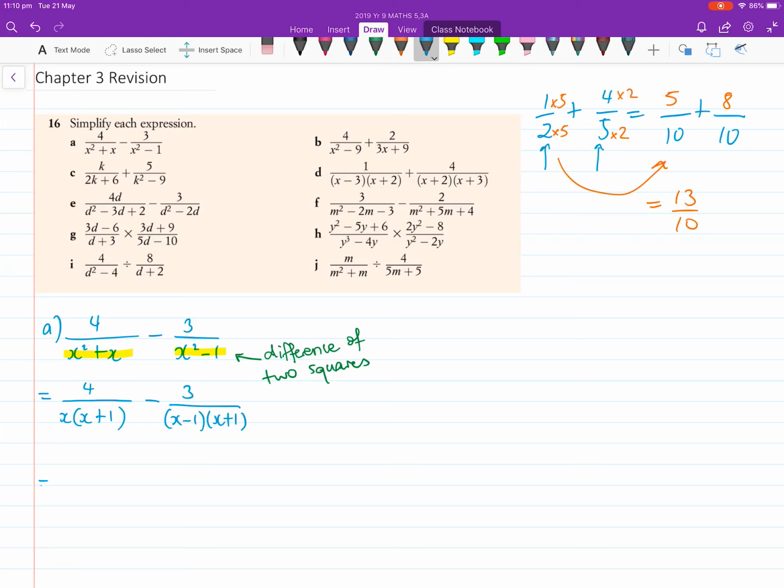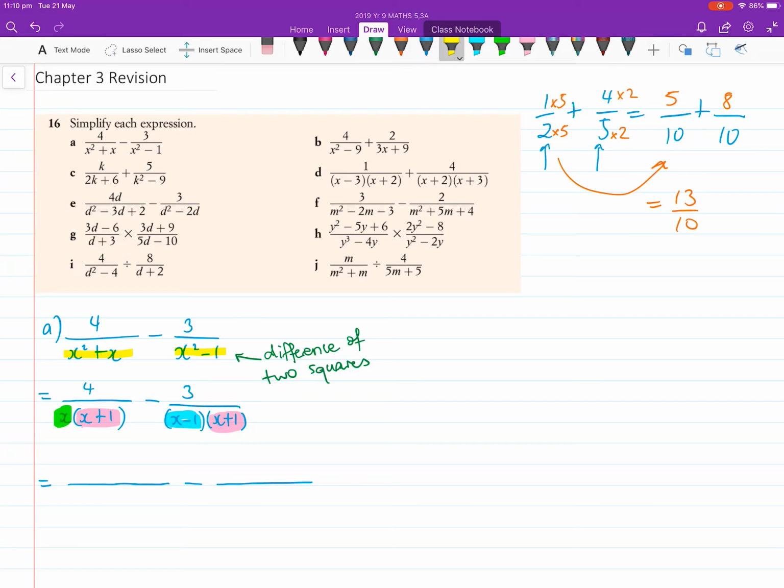Okay? Now you can see both of these denominators have an x plus 1. So that's good. They have that in common. But this side's got an x and this side's got an x minus 1. So to have a lowest common denominator, we want a denominator that has all of the factors in it, right? Something that they all go into.